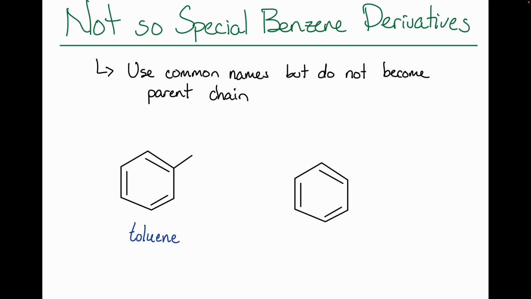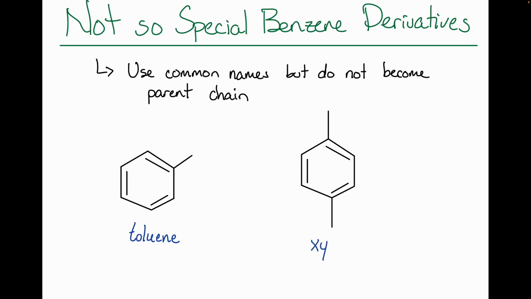We don't call it dimethylbenzene, it's also got a special name. It's one of the cooler ones. This is xylene. And this is actually a particular isomer of xylene here. Which xylene is this? Ortho, meta, or para? So this is the paraxylene.